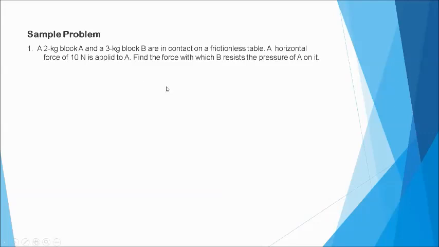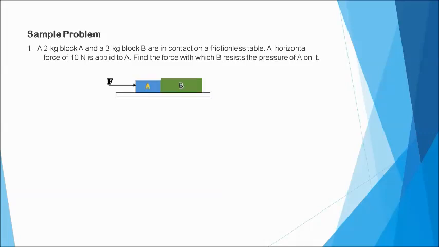Number 1: a 2 kilogram block A and a 3 kilogram block B are in contact on a frictionless table. A horizontal force of 10 newtons is applied to block A. Find the force with which B resists the pressure of A on it.